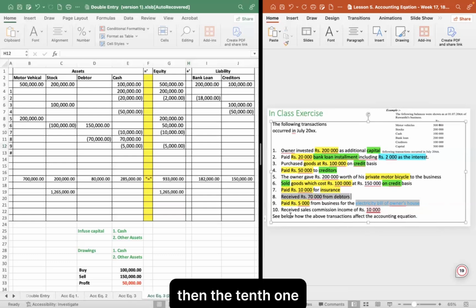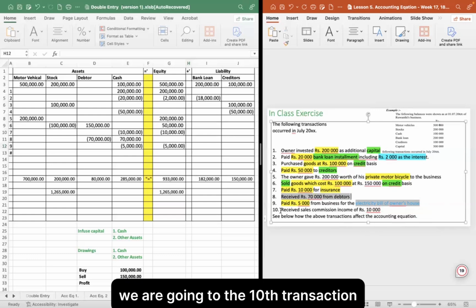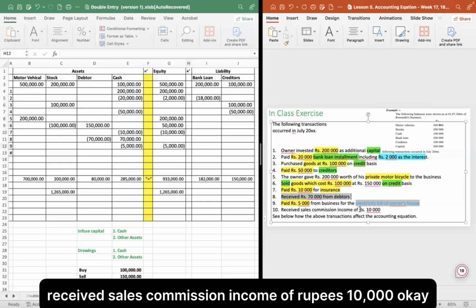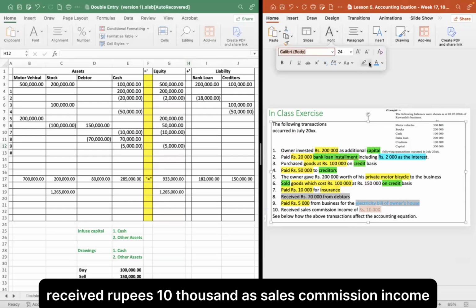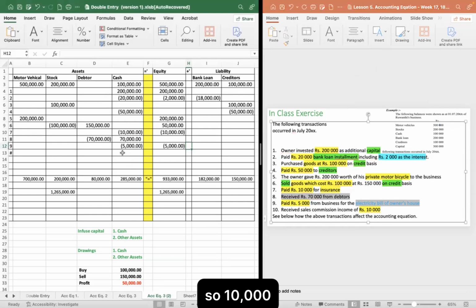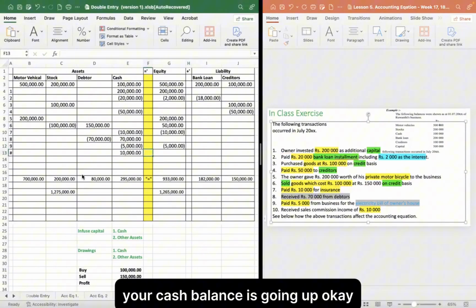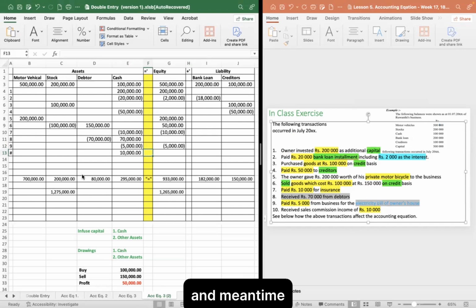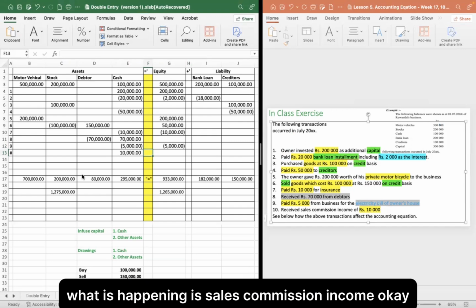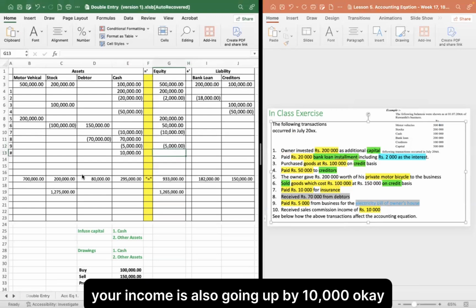Okay, then we are going to the 10th transaction. Received sales commission income of rupees 10,000. So your cash balance is going up by 10,000, and meantime your sales commission income is also going up by 10,000.